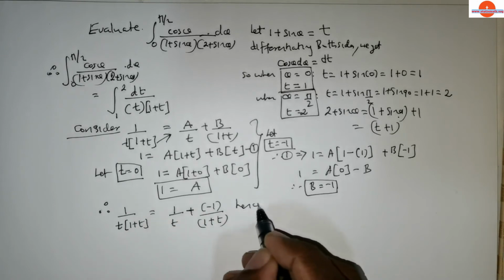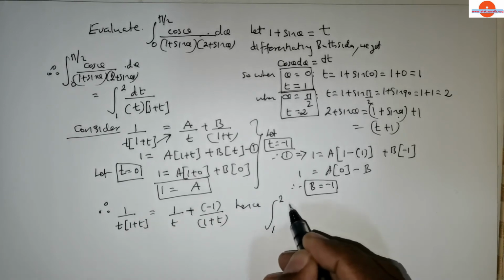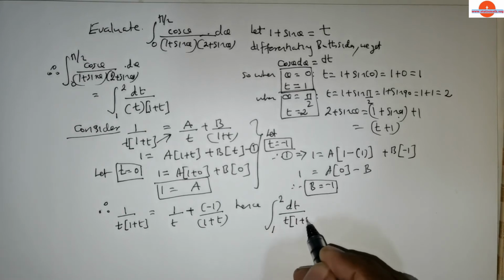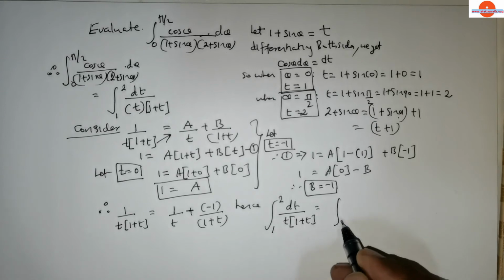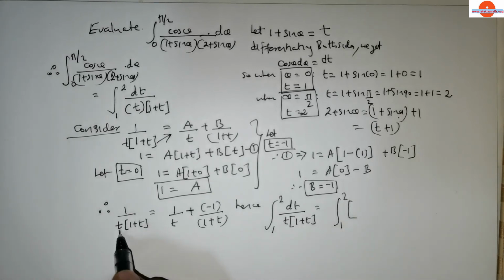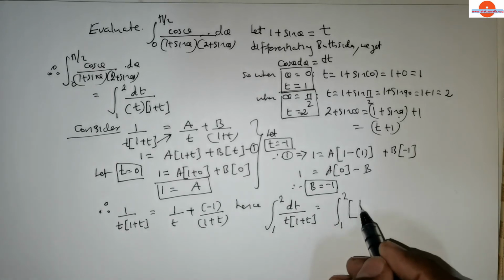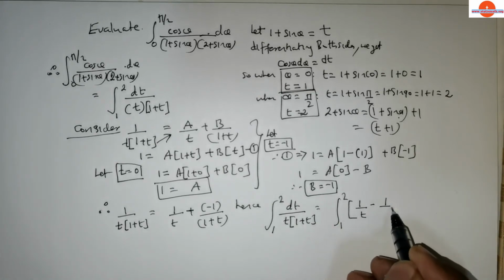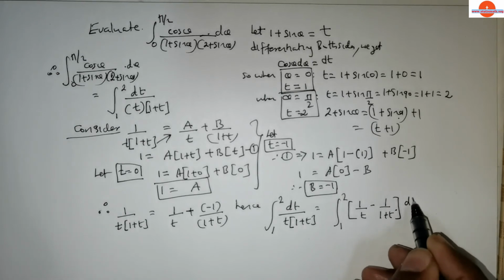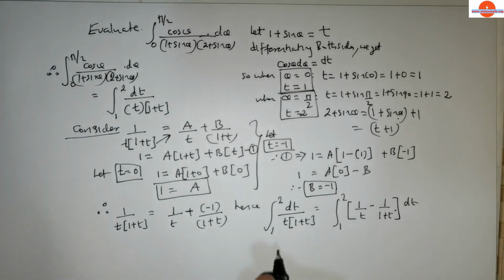So hence the integral from 1 to 2 of dt over t times (1 + t) is now rewritten as the integral from 1 to 2 of 1 over t minus 1 over (1 + t), multiplied with dt.